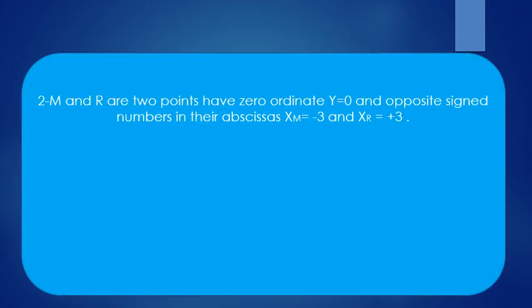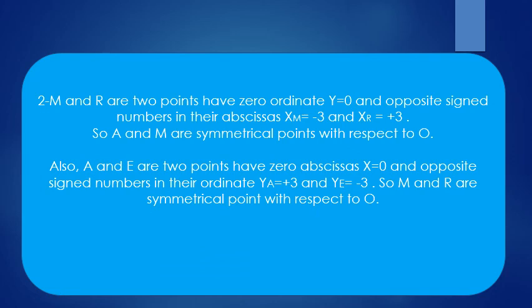We have to write M and R are 2 points having 0 ordinate and opposite signed numbers in the abscissa, which are -3 and +3. So M and R are symmetrical with respect to O. It means that O is the midpoint of MR. Also A and E are 2 points having 0 abscissa and opposite signed numbers, which are +3 and -3.